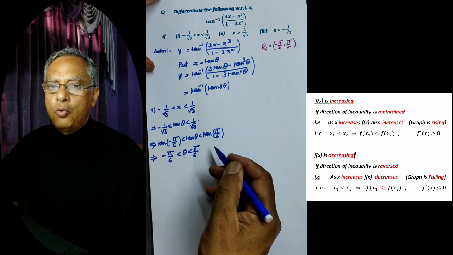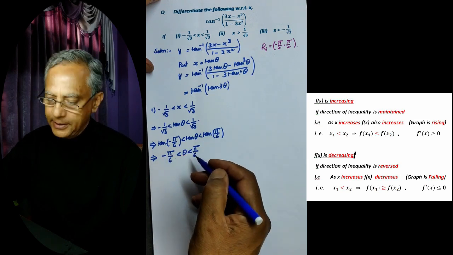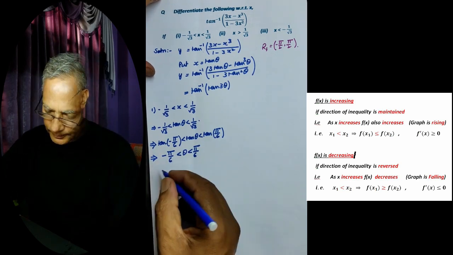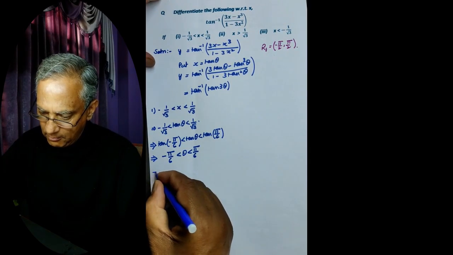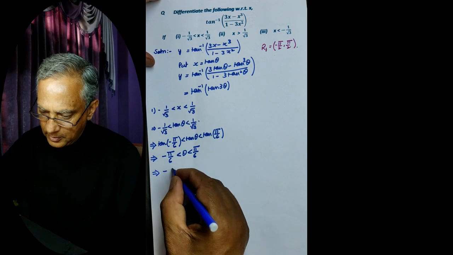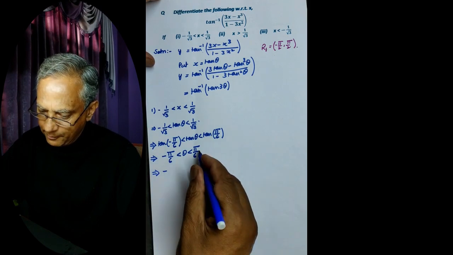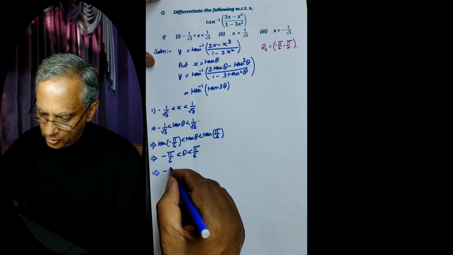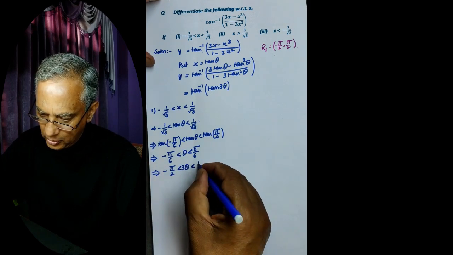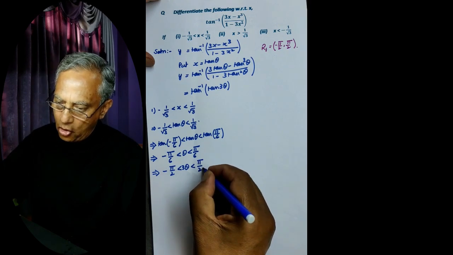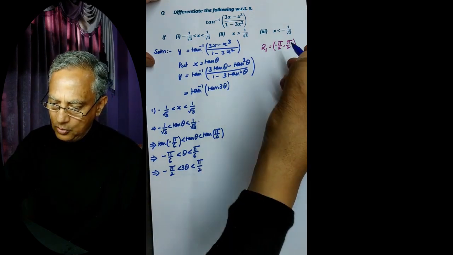It will be reversed for monotonically decreasing functions. Now multiply this by 3: minus pi by 2 is less than 3 theta is less than pi by 2. And this belongs to the range of this function.